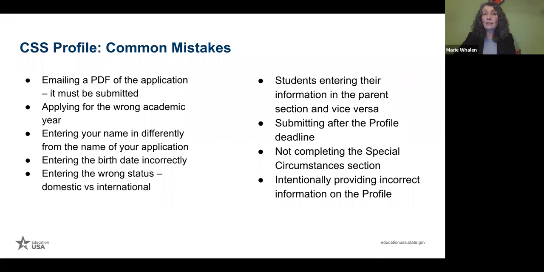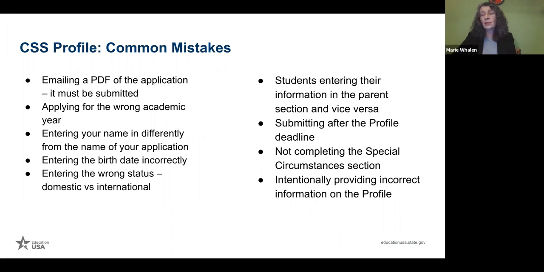So, if your applications need to be in by 11:59 p.m. on January 1st, do not submit them at 12:01 on January 2nd, because you could lose out on your ability to get any financial aid or to be considered for admission at a college or university.